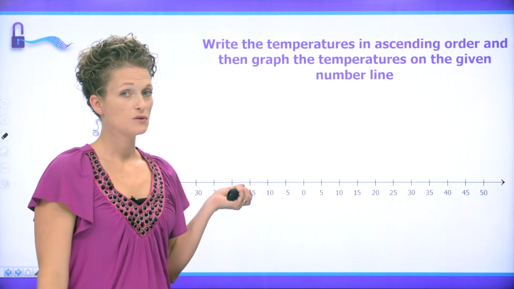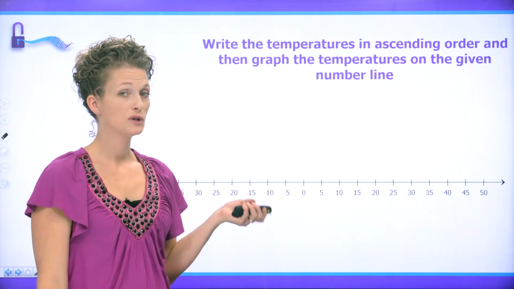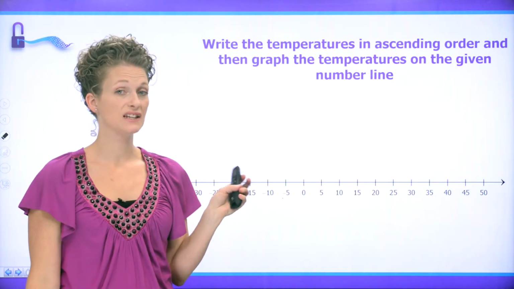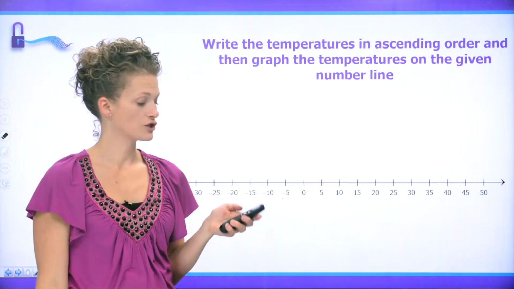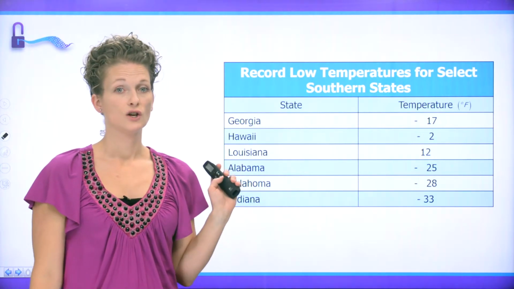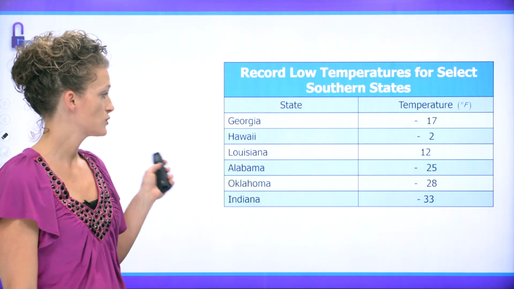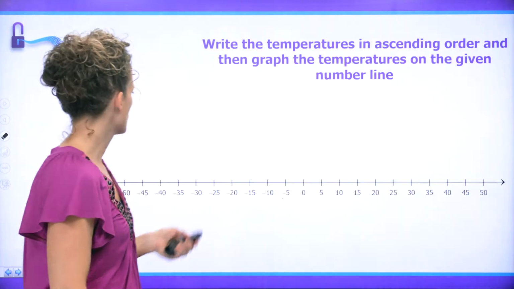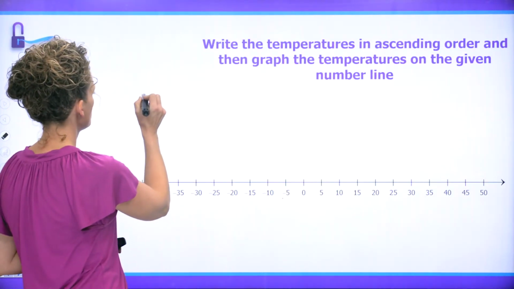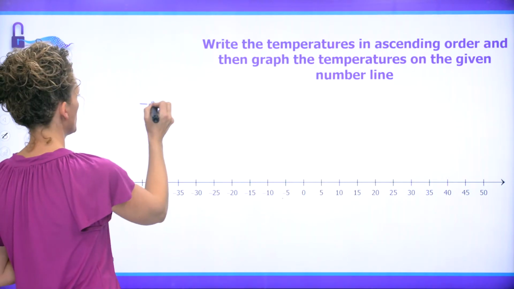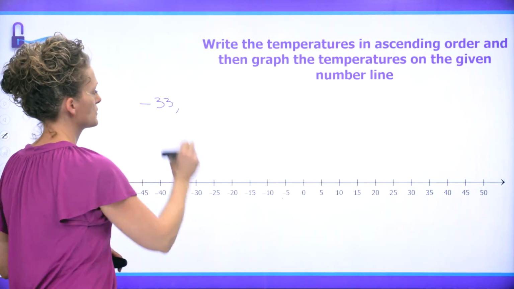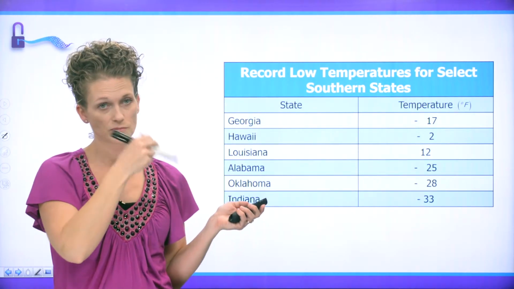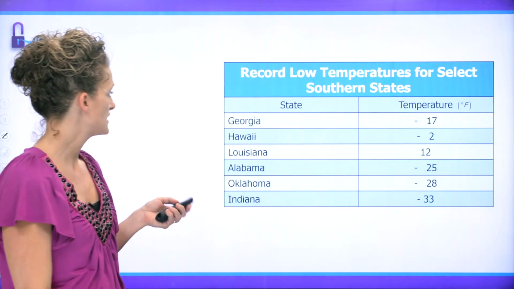So now what we want to do is take those temperatures and put them into ascending order and then graph the temperatures. So ascending order means you go from the smallest to the largest. If we look at these temperatures, we can see that our smallest is going to be this -33. So we're going to write -33. The next temperature that was one bigger is the -28.